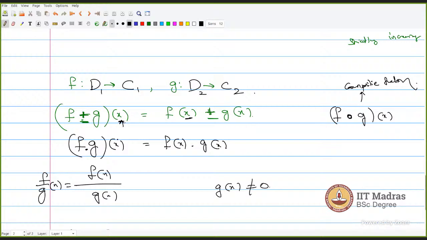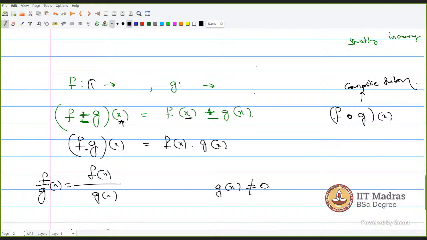This particular x comes from d1 intersection d2. The x I take should go into my function g as well as into my function f. So better not to confuse with d1, c1 and everything. Just look at R itself. We don't worry about different domains.